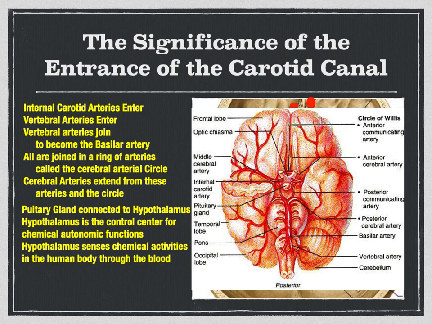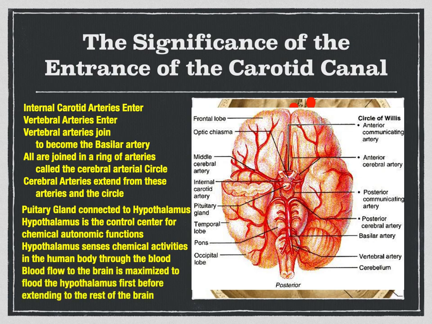And that's just what the hypothalamus is doing. The blood flow goes to the hypothalamus first because it's so important that the hypothalamus gets a rich, rich blood supply. Blood flow is maximized first to the hypothalamus, then spread around and through the rest of the brain.